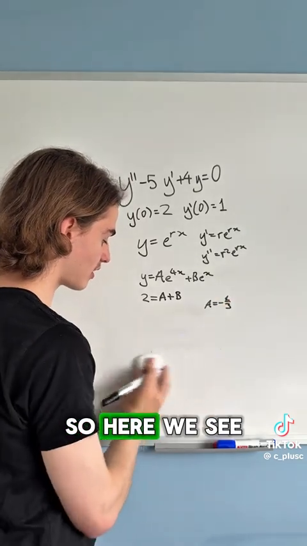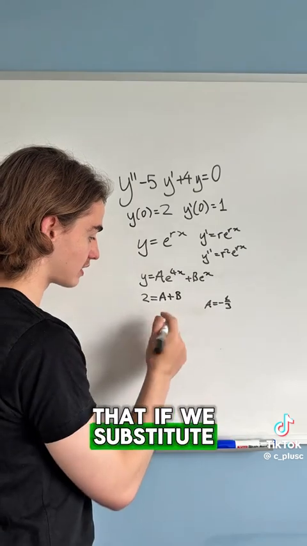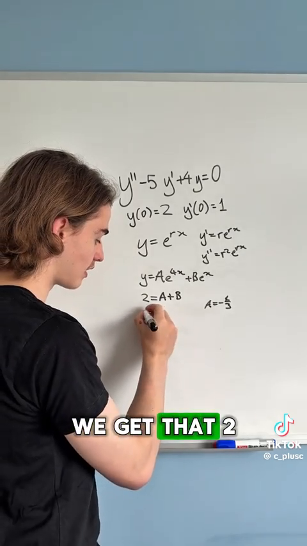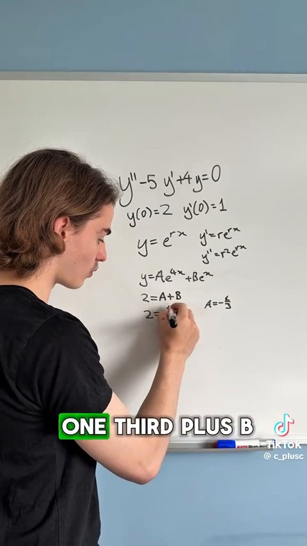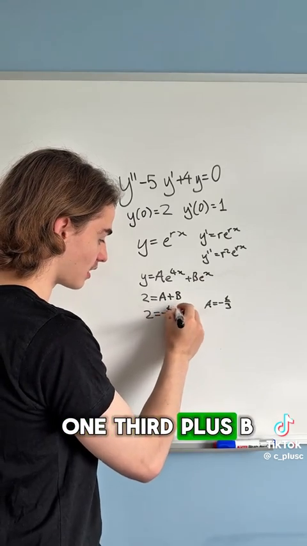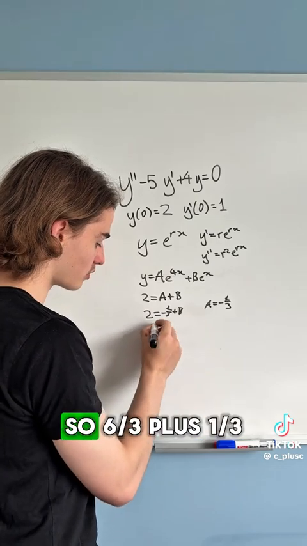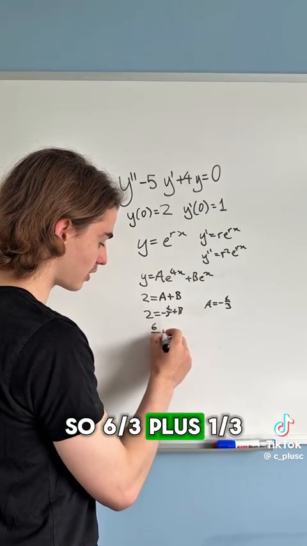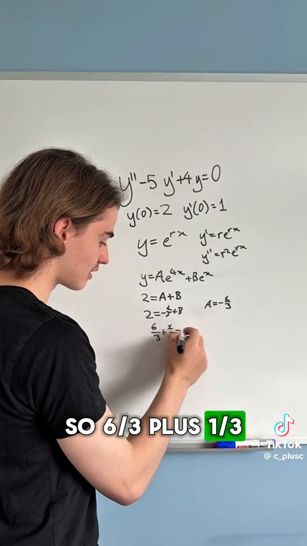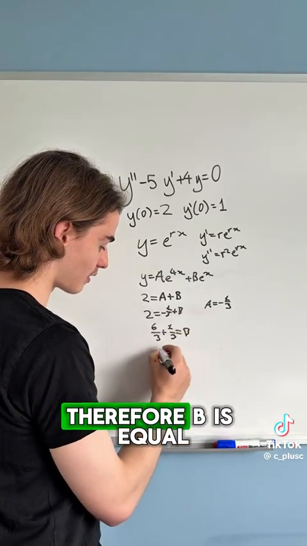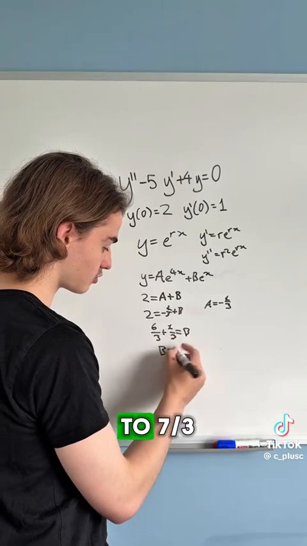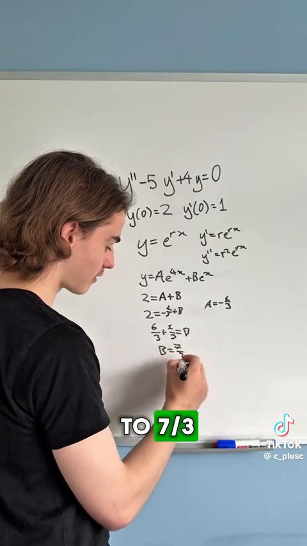So here we see that if we substitute that into there, we get that 2 is equal to negative 1/3 plus b. So 6/3 plus 1/3 is equal to b. Therefore, b is equal to 7/3.